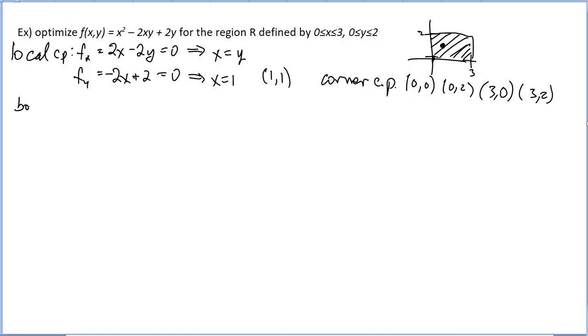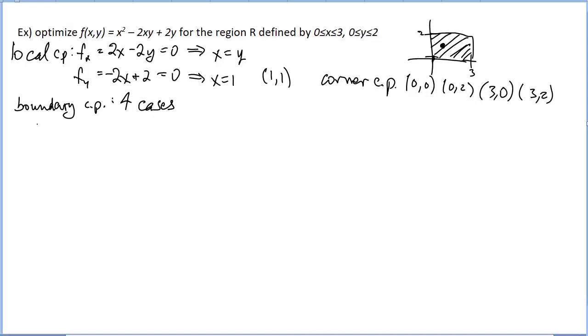Now we find the boundary critical points. If you look at the boundary, it's the perimeter of a rectangle. The best way to describe these with equations is four separate equations. So because we have four separate equations, we're going to have four cases.